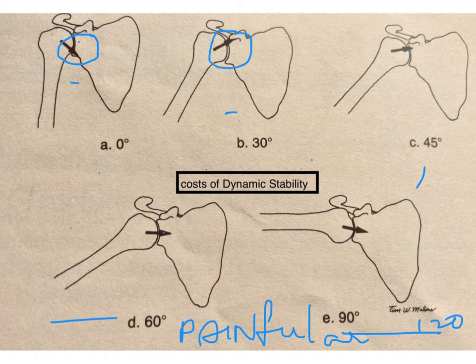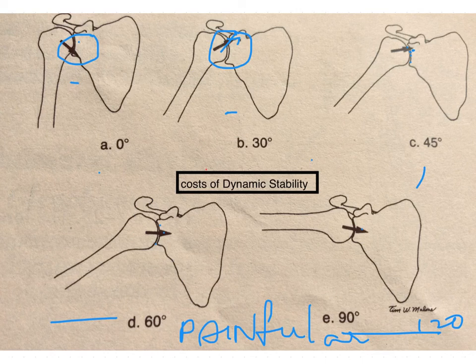Normally, only at the initial ranges is there some change in the center of rotation, but in the remaining range of motion it is maintained normally. So the centers of rotation are going to change if the equilibrium factors are not maintained.